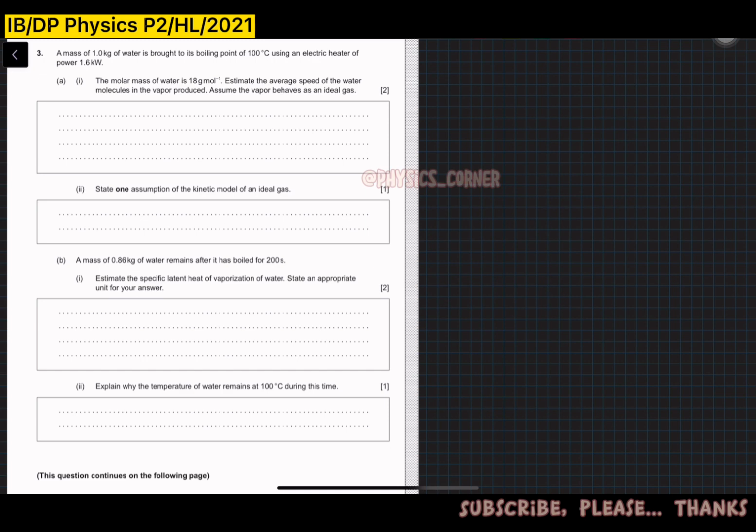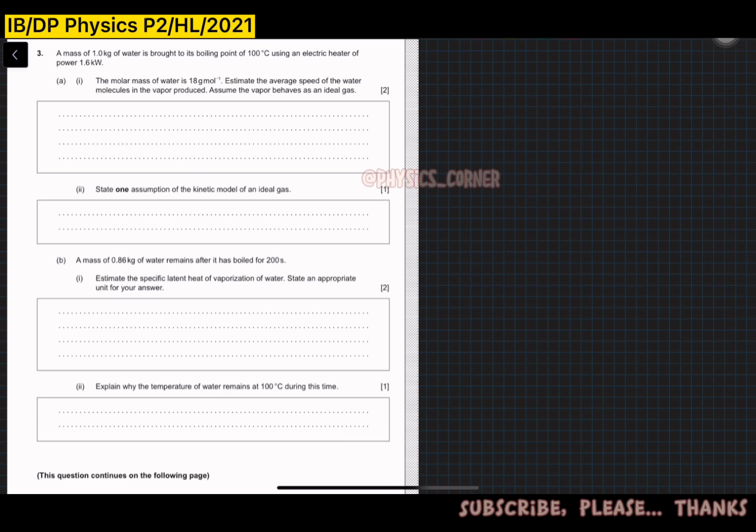The molar mass of water is 18 gram mole minus 1. Estimate the average speed of the water molecules in the vapor produced. Assume the vapor behaves as an ideal gas.